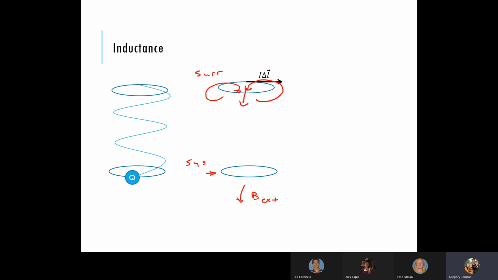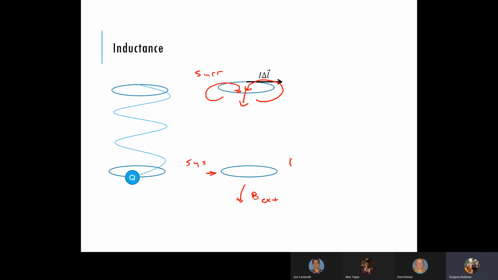Does it like that increase? Survey says, no. It says, I don't like this increase. I will induce a field to oppose that increase. So which way is the induced field going to be pointing? Up. All right, yeah, it's an increase in the external field going down.